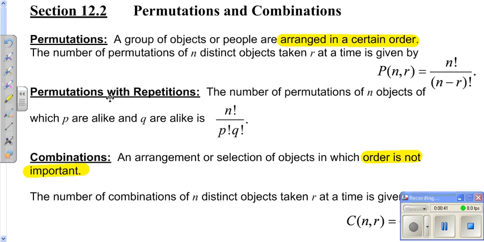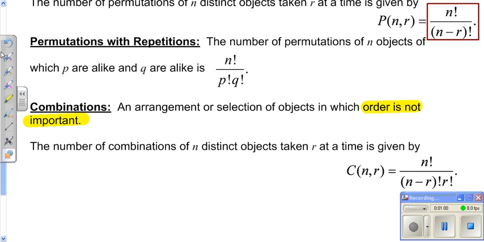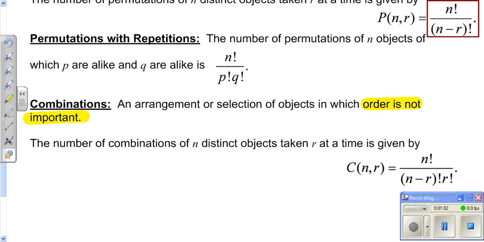Here's the formula for figuring out permutations. For permutations, you take n factorial, how many total objects you have, over n minus r factorial, where r is how many you're selecting. For combinations, your formula is somewhat similar, but it has an r factorial also on the bottom.